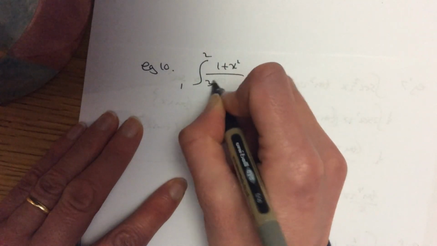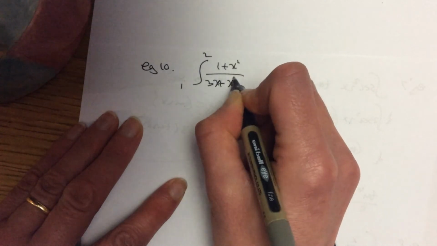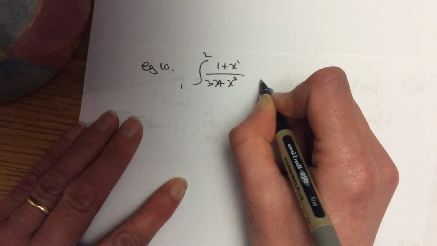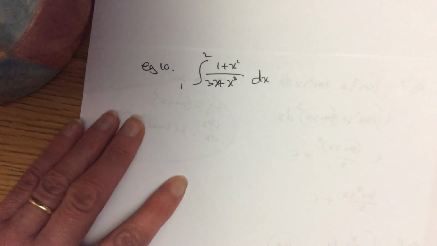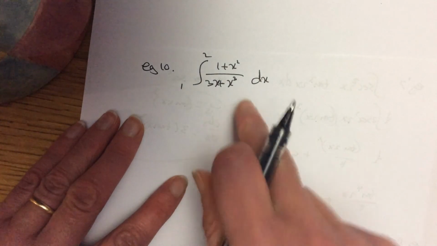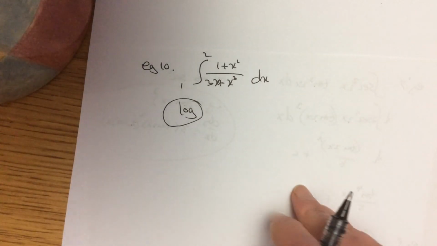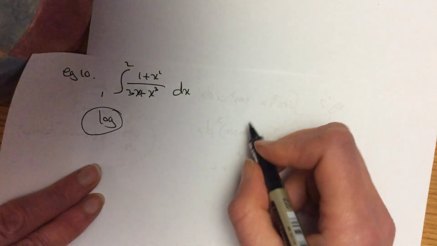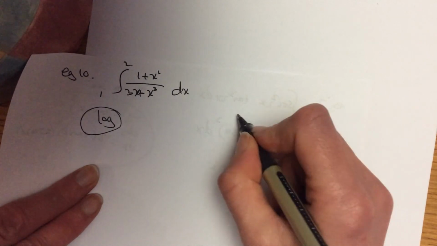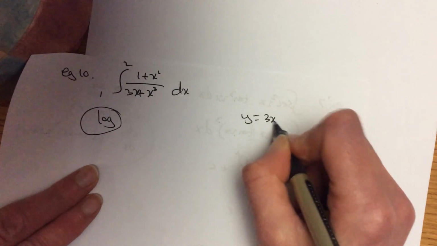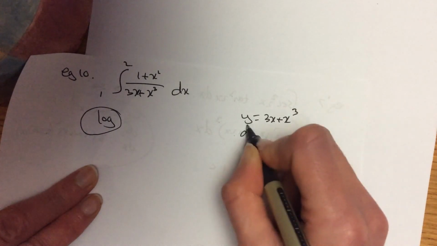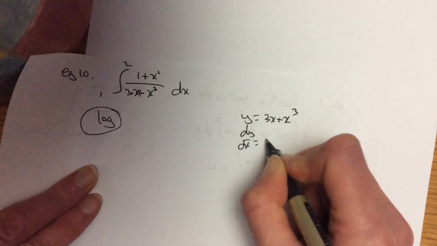Okay, so in this one, this does not look pleasant at all. It's one of those log type ones because it's not a bracket in the bottom row, it's just an x function. So I must have the derivative on top. Let's go over to the side and see what that derivative is. That's the bottom. The derivative of that.